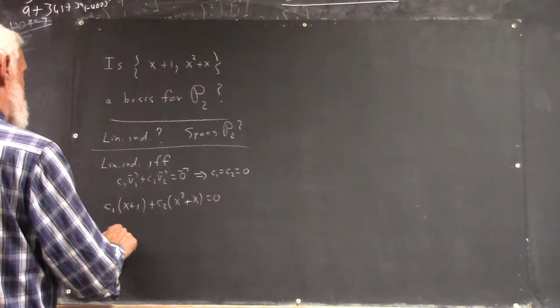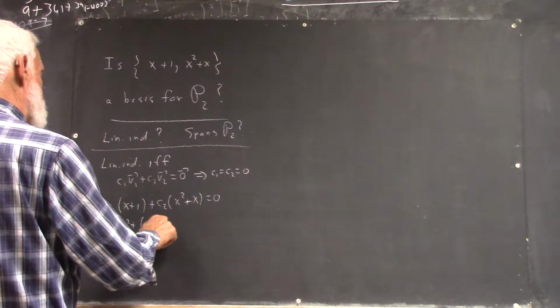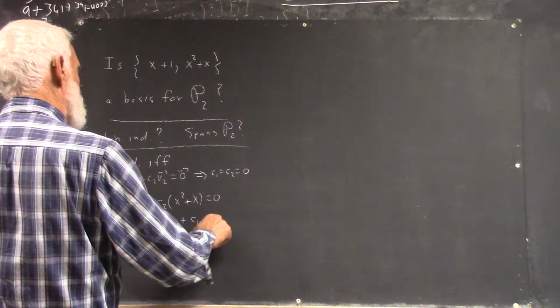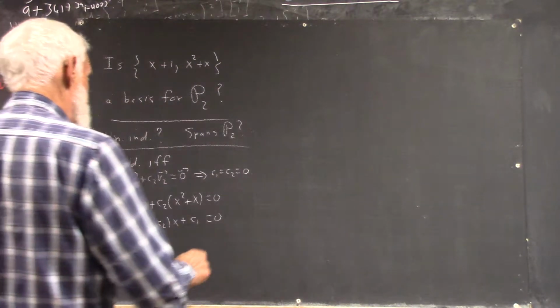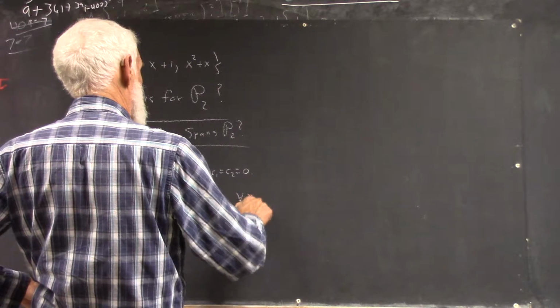So that's the same as C2x squared plus C1 plus C2x plus C1 equals 0. And this has to be for all x.